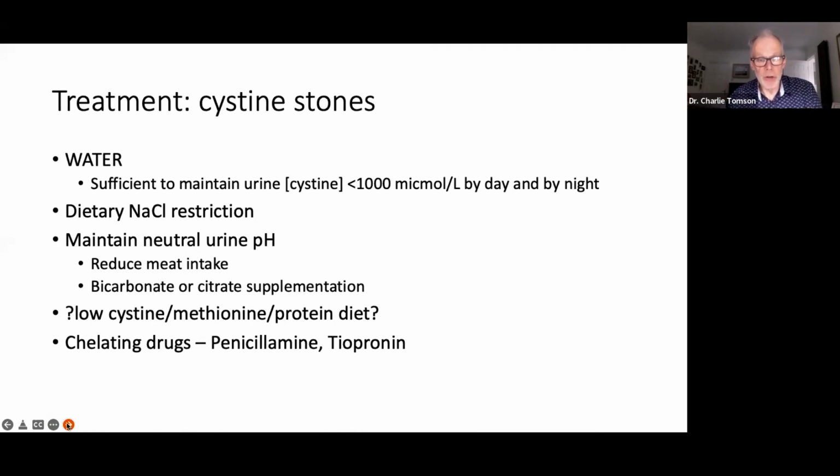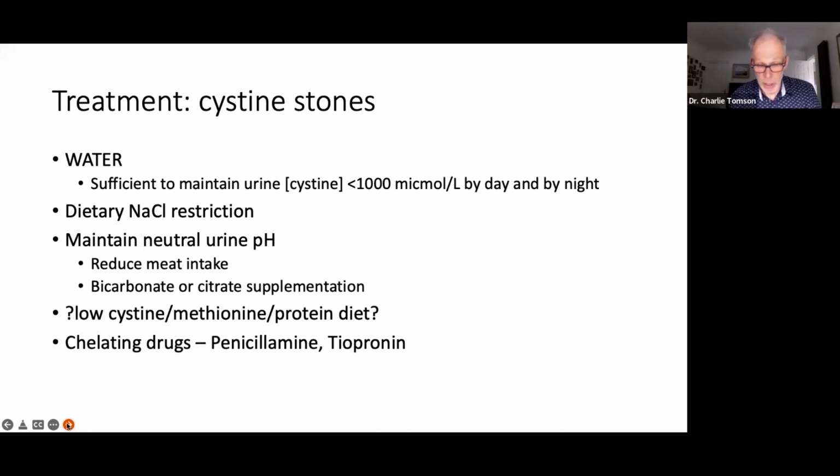But if you maintain the urine at around pH 7, you've got the best chance of causing stone dissolution, or at least reducing the risk of or the rate of further stone growth. Some people suggest a low cystine, methionine, or low protein diet, and there's no proven evidence for that, but it makes some biological sense.